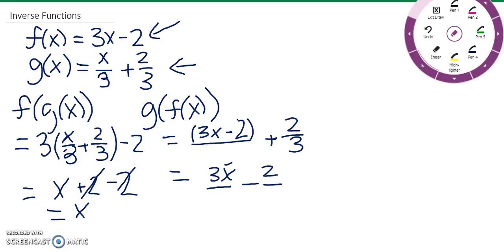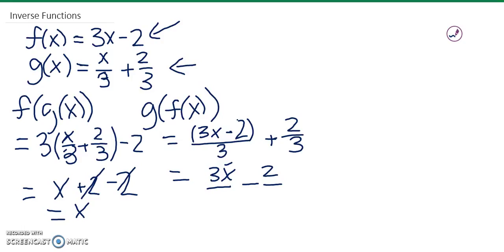So we will rewrite this as 3x minus 2 over 3 plus 2/3, and we can simplify this to 3x over 3 minus 2/3 plus 2/3.